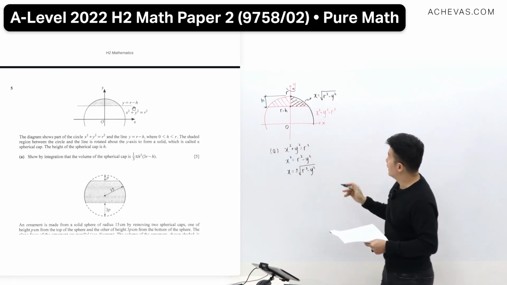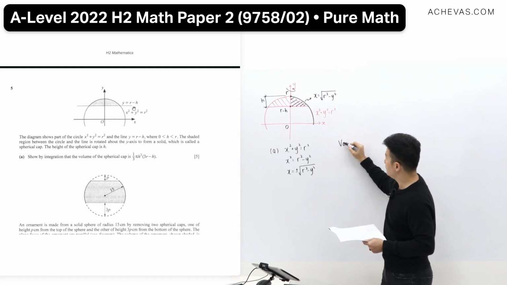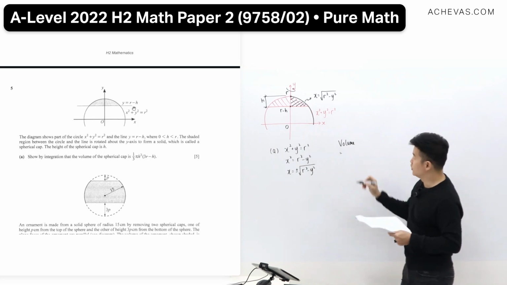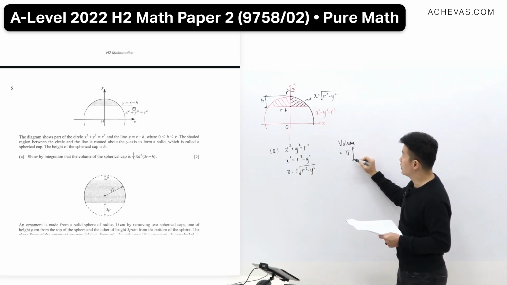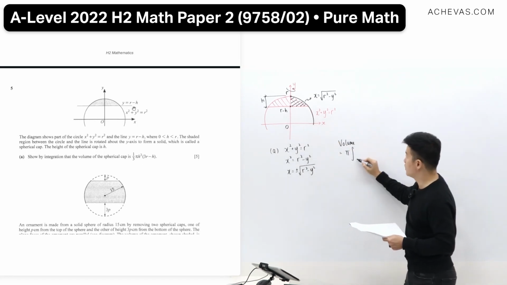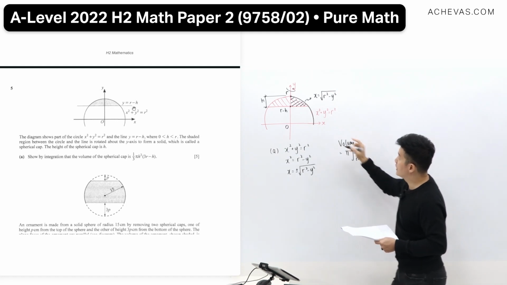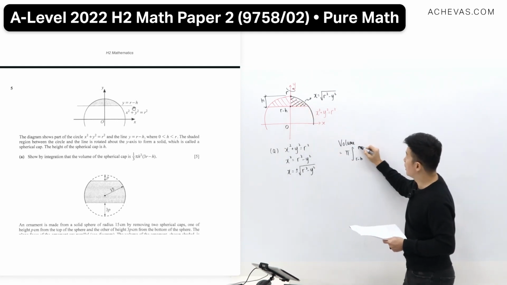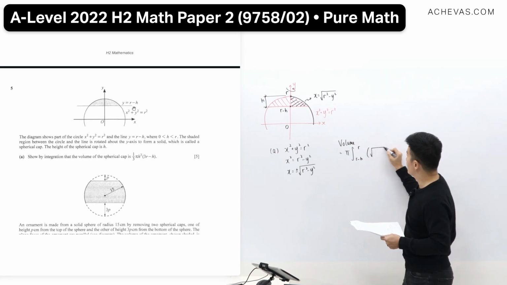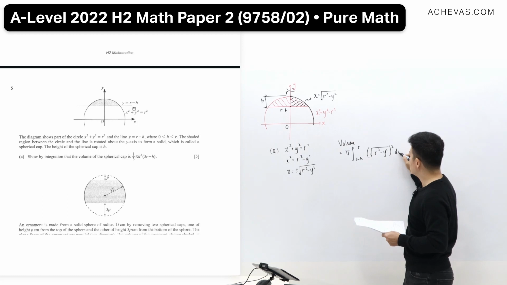X is this, and the volume of this spherical cap is going to be pi integration from this y coordinate r minus h all the way until this y coordinate r of this square root of r squared minus y squared, squared, dy.